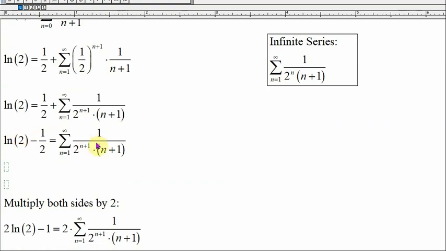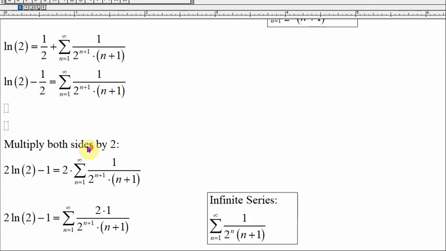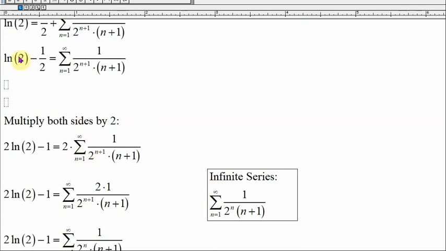And now we can see that this series right here looks almost like this. The only difference is that plus 1 right here. So what we can do is multiply everything by 2 to get rid of this 1 right here. So multiplied by 2, we get 2 times the natural log of 2.